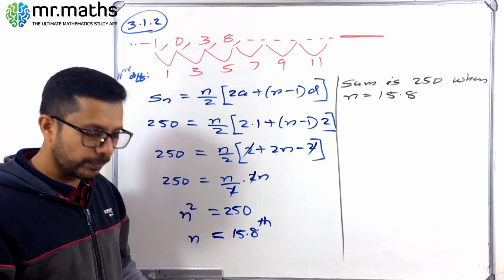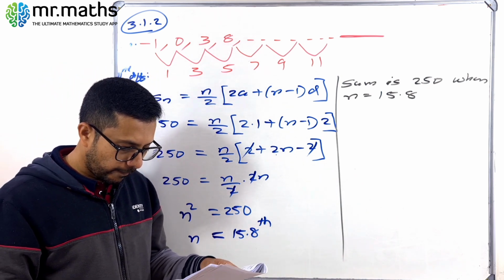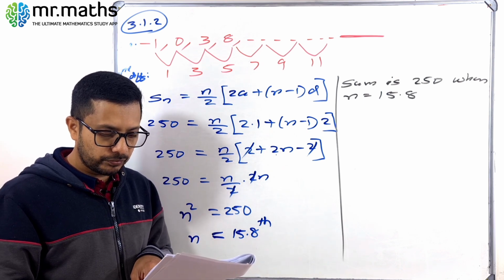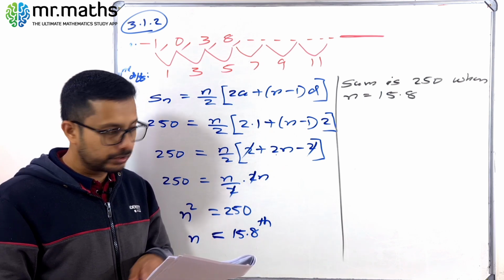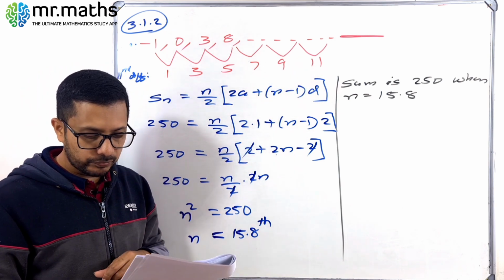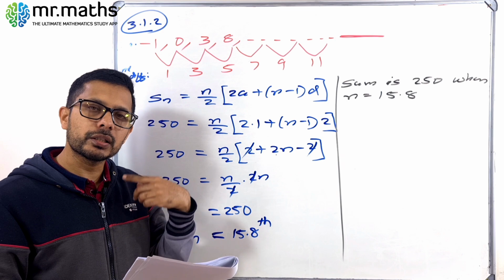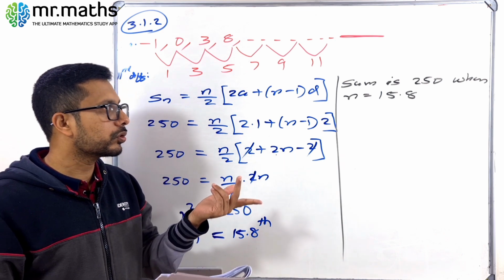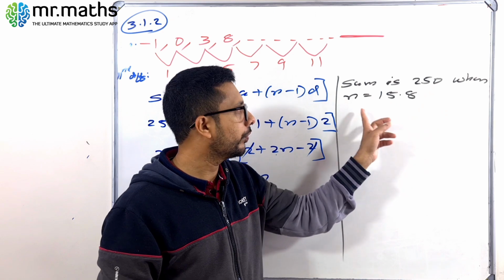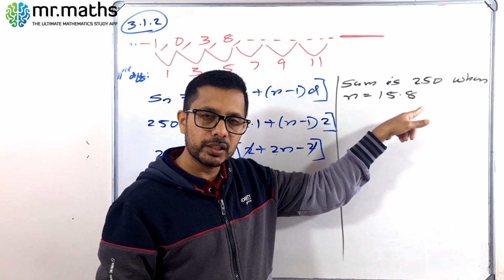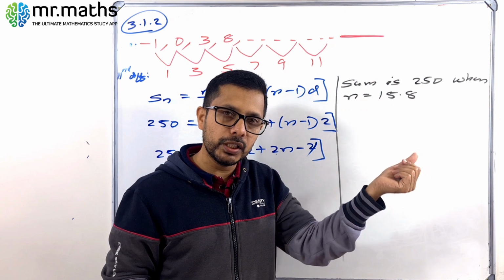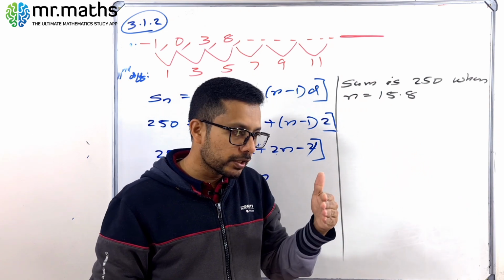Do you understand? Now look at that question: for which the sum of the first differences will be greater than 250. So when the sum is 250, what is the value of n? 15.8.